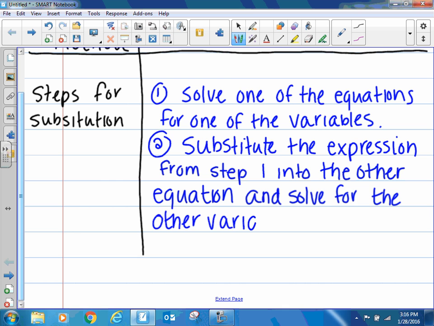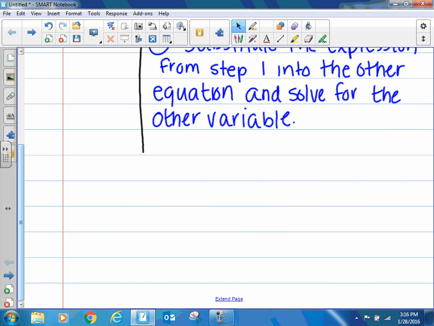Now this does sound a little bit confusing when I'm going through these steps, but I promise once we practice and do a couple, you're going to see what I'm talking about. So far that's steps 1 and 2.